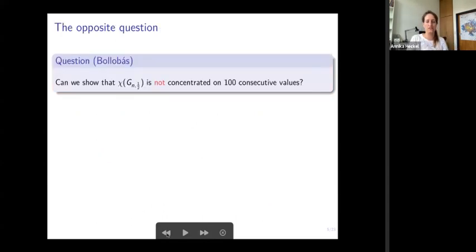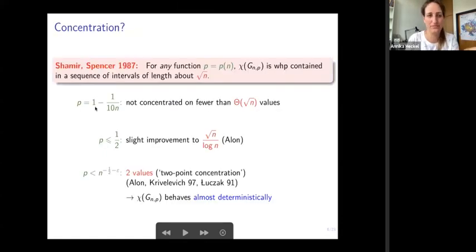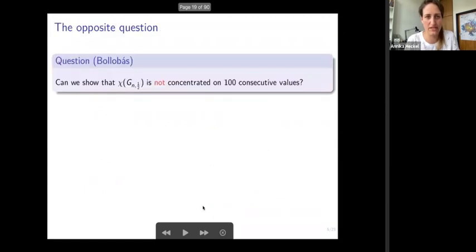These very sharp upper bounds on the concentration of the chromatic number led Bollobás to ask whether this is always the case, or at least always the case in all interesting examples. We already know that for some strange p, if you let p tend to 1, you do need root n values, but how about non-trivial cases?